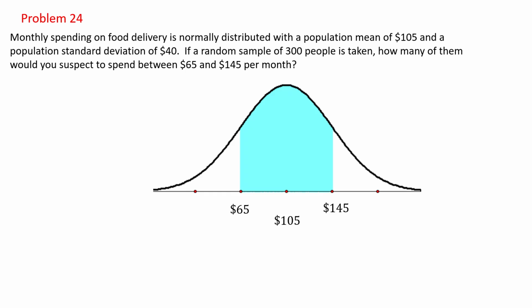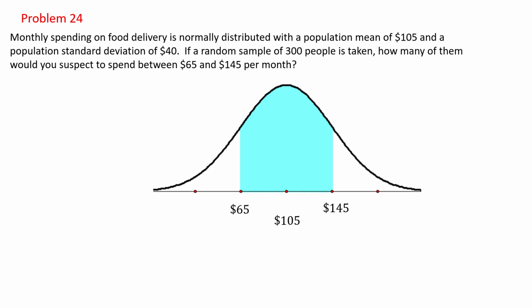So they want to know about the people who spend between $65 and $145 on food delivery. Now, never mind the 300 people for a moment. This blue section represents all the people in the population who spend between those two amounts on food delivery.